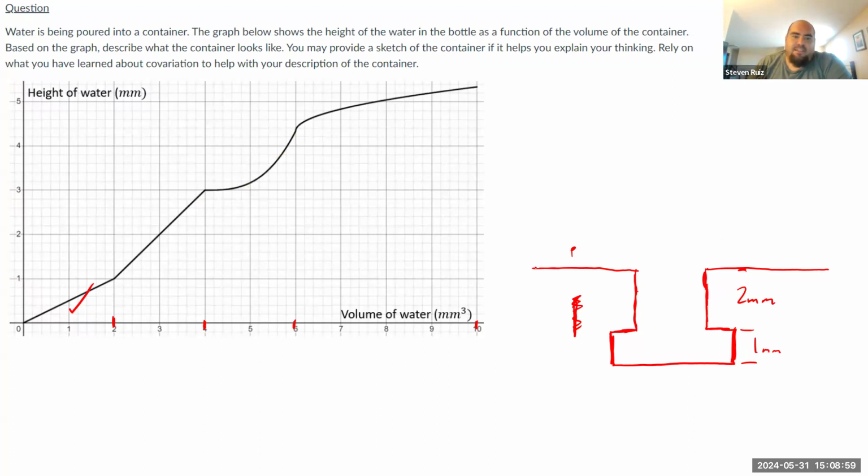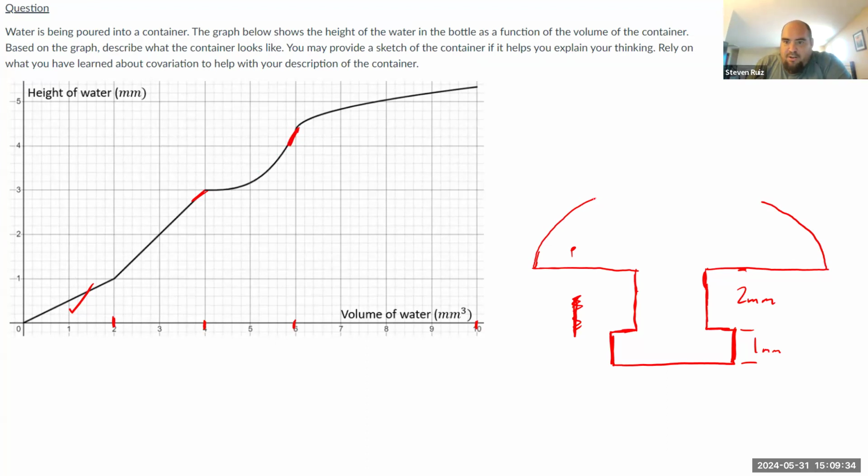So what does that mean? I think that means, since the increase of height with respect to volume is slight at first but then starts to grow, and if we try to do something quantitative here, if I compare that slope right there to this slope right here, I think the slope here is even more drastic.